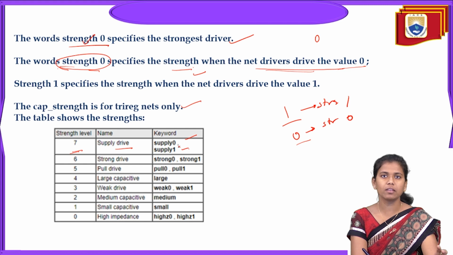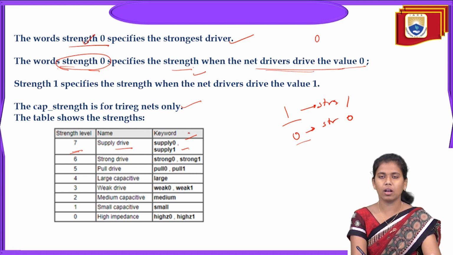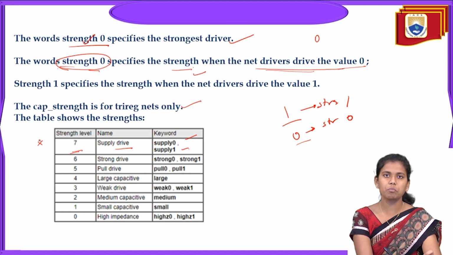The important thing to remember from the exam point of view is that if you are asked to give strength values with respect to the names as well as the keywords, this is an important table to remember.